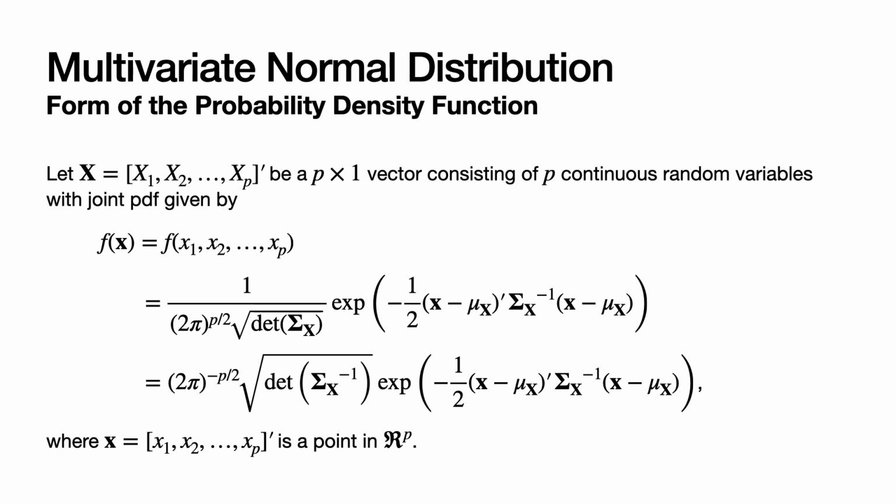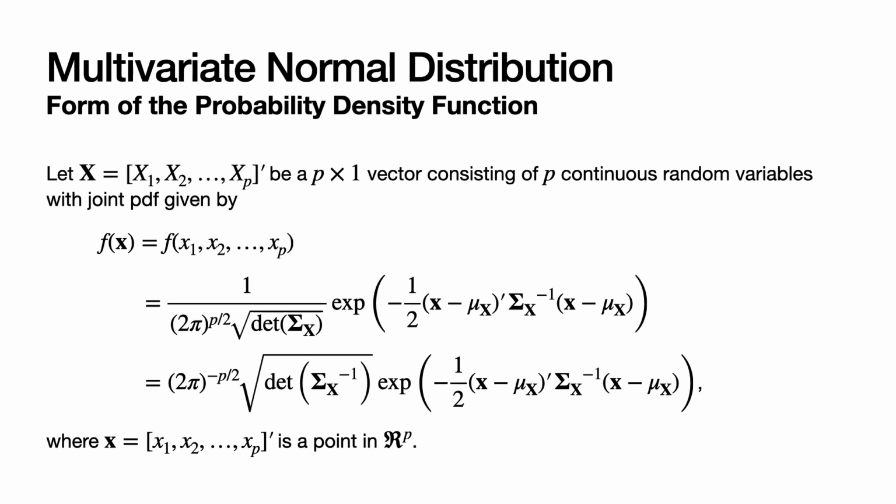Now, this can also be written in the following way: 2 times pi raised to the negative p over 2 power, times the square root of the determinant of the inverse of cap sig sub x, and then multiply that against the exponential function, again evaluated at -1/2, times the transpose of x minus mu sub x, which is pre-multiplied against the inverse of cap sig sub x, which is then post-multiplied against x minus mu sub x.